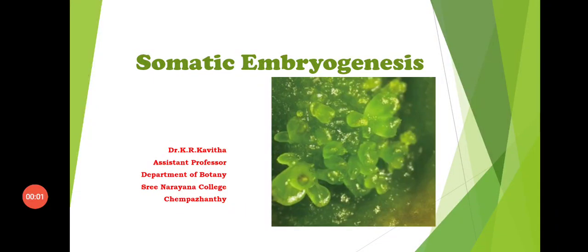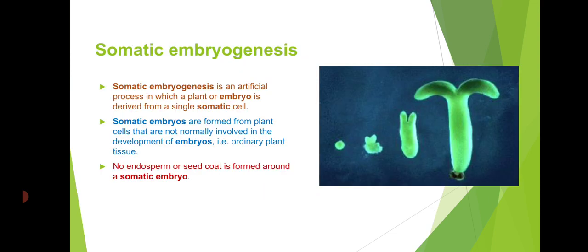Dear students, today we will discuss our second class under plant tissue culture, that is somatic embryogenesis. First we will discuss what somatic embryogenesis is. Somatic embryogenesis is an artificial process in which a plant or embryo is derived from a single somatic cell.